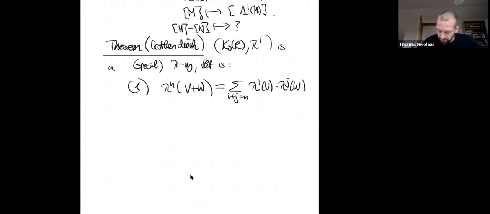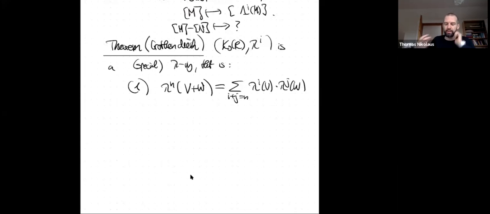And this is actually how Grothendieck defines these lambda i's. What you first observe is that if v and w are actually classes of projective modules, then this equation holds for the exterior power. This is just the standard property of how the exterior algebra transforms direct sums into tensor products. If you multiply that out, you get this equation.